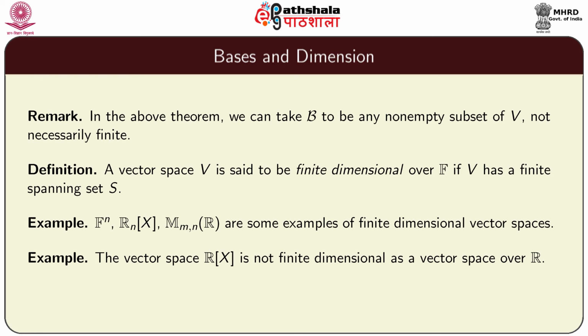Therefore, if we choose a polynomial f whose degree is bigger than the maximum of the degrees of f1, f2, fn, then we cannot write it as a linear combination of these f1, f2, fn, which shows that R[x] cannot be a finite dimensional vector space over the real field.